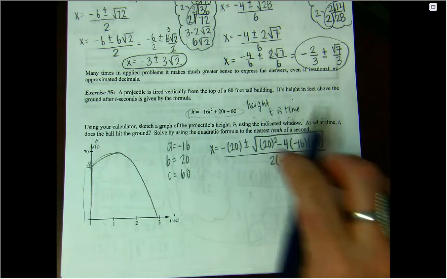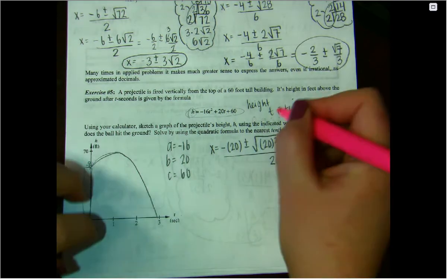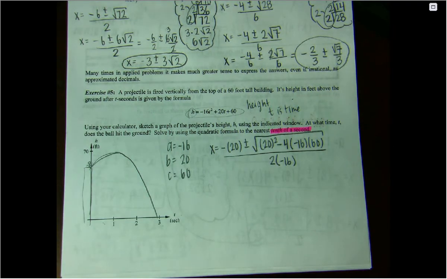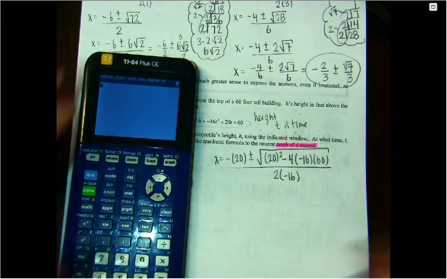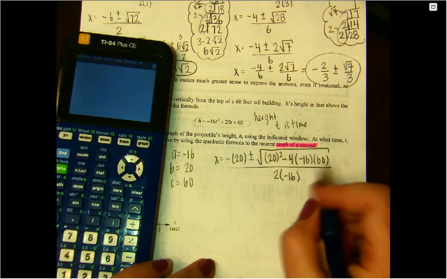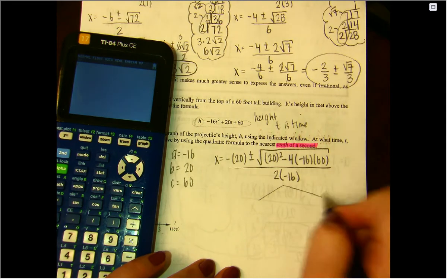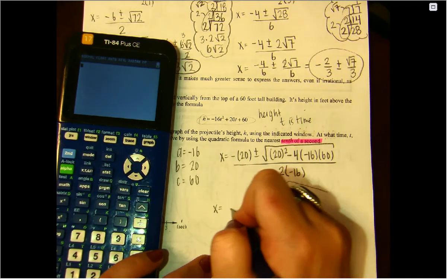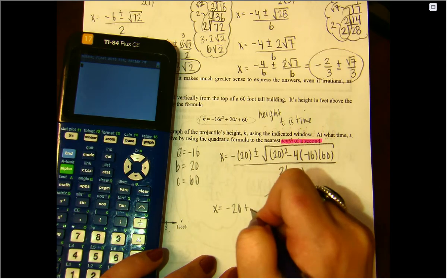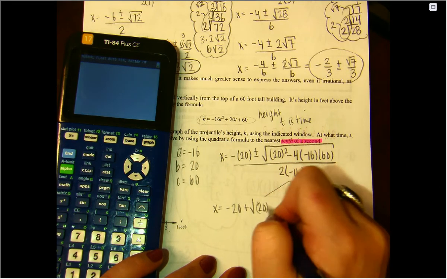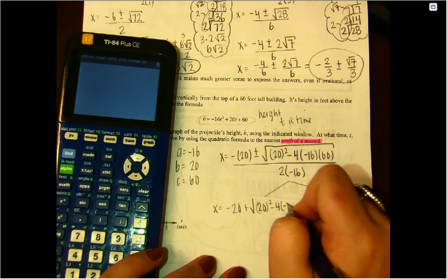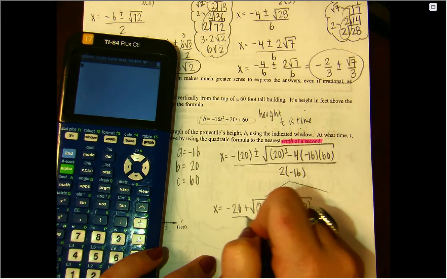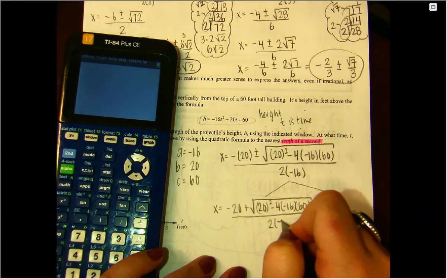Okay, notice what this says. This says to the nearest tenth of a second. So this is asking you for a decimal. So what we're going to do here is plug two things into our calculator. We're going to plug the positive side of this. So we're going to get x equals negative 20 plus radical 20 squared minus 4 times negative 16 times 60, all over 2a.